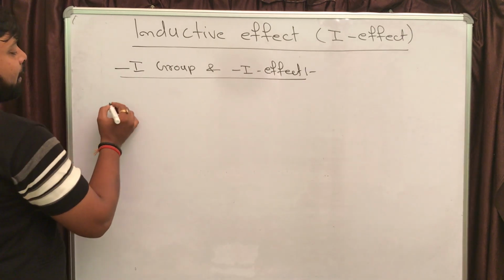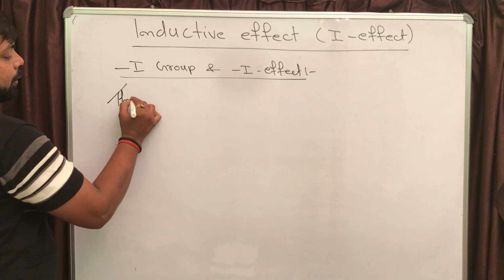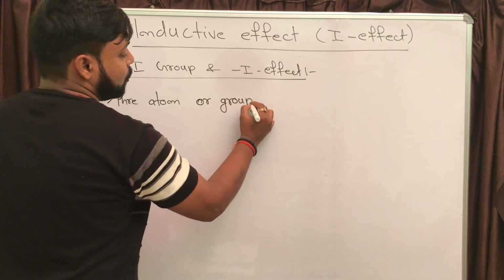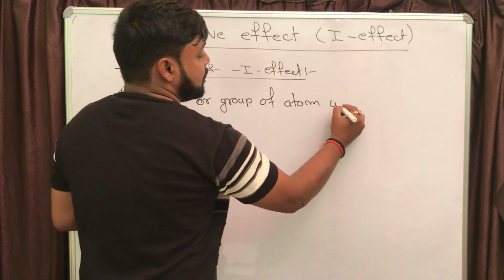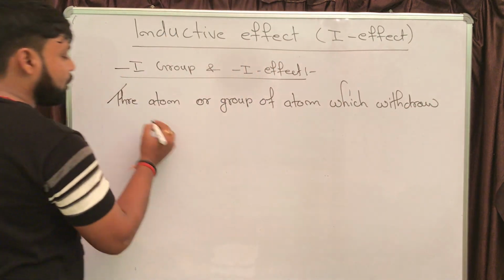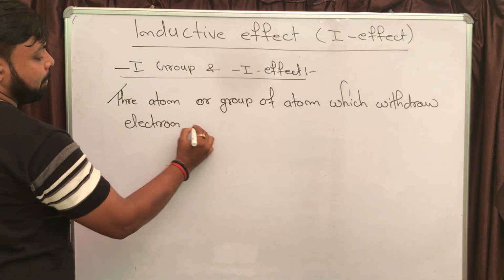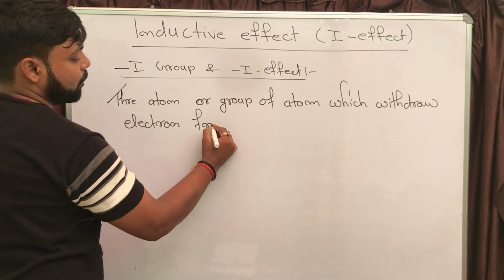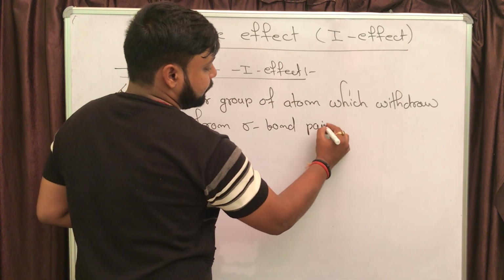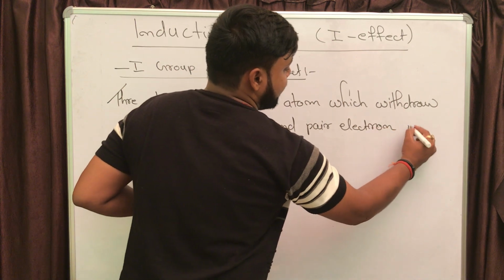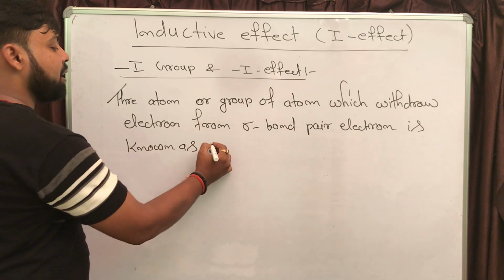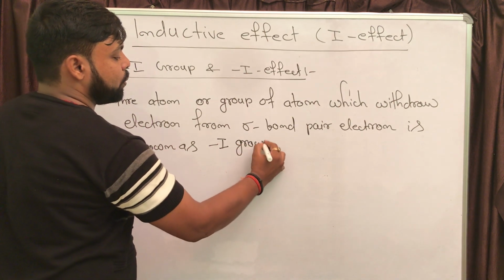So let us write the definition. The atom or group of atom which withdraws electron from sigma bond pair electron is known as minus I group, and that is also known as what?